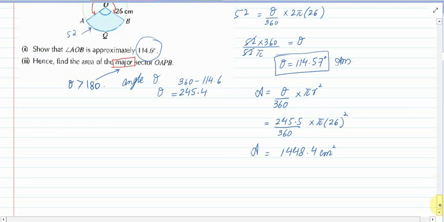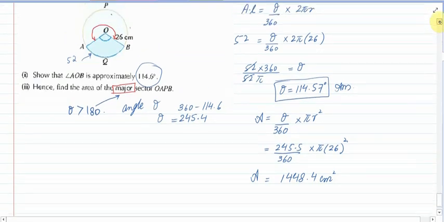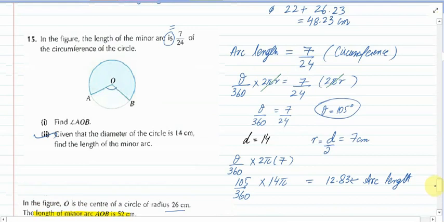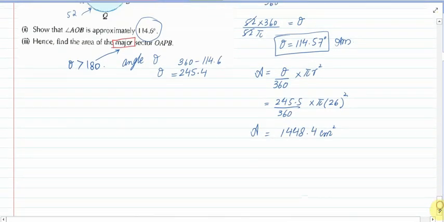So we have attempted many questions of arc length and area of a sector. So I am sure that now you have an idea how you are going to find the unknowns in this topic.